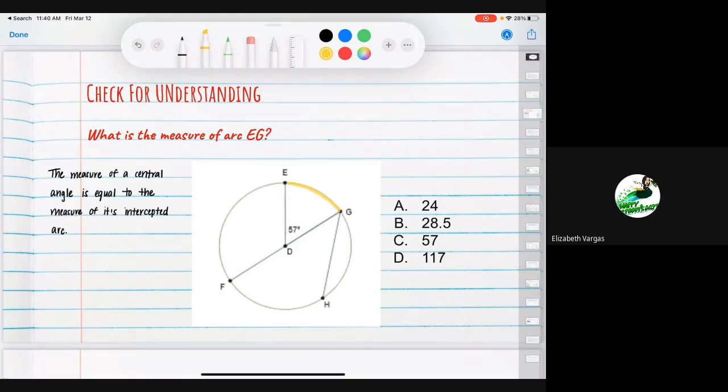Say A, B, C, or D. I see some of us answering the poll. What's the measure of arc EG?